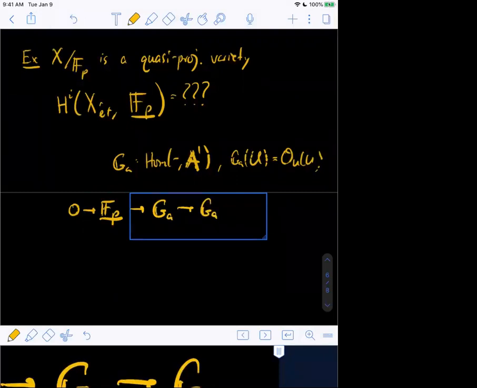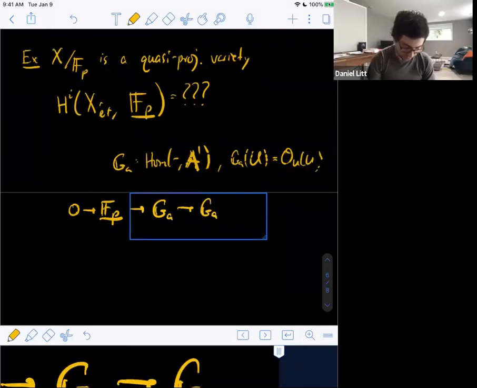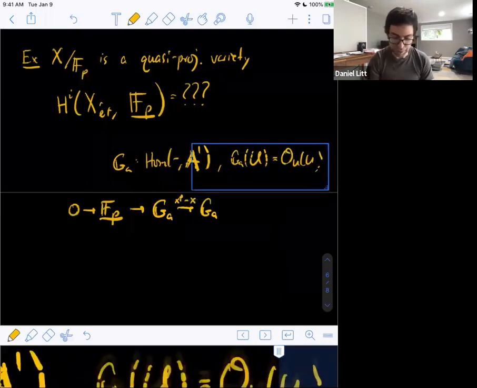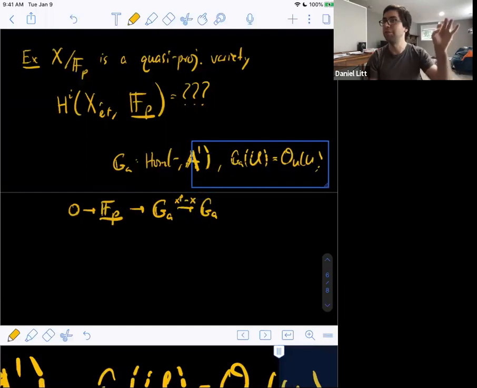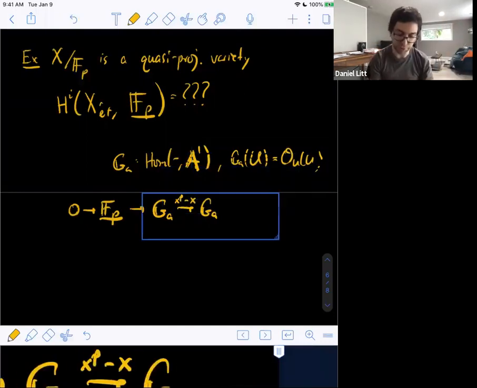Identity minus Frobenius. Yeah, either way. So we can write this as x to the p minus x. If you'd like, this is the map from the sheaf O to O, which sends a function f to f^p minus f. But you can also think of it in terms of the object representing the sheaf G_a, namely the affine line, as the map x goes to x^p minus x. Right? So is it clear what I mean by this?